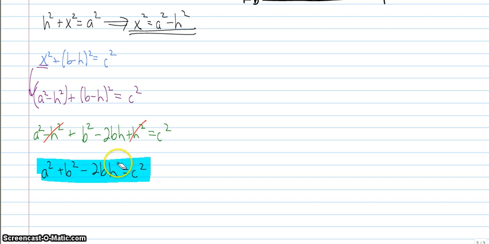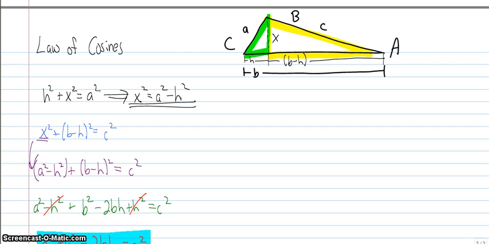And this equation is kind of nice because I only have little a, little b, little c, but I also have this lowercase h in there. So what I'm going to do is go back up to the original triangle and focus on this green side of it, this green triangle we have on the left. And using trig, I know that the cosine of angle C is equal to adjacent over hypotenuse.